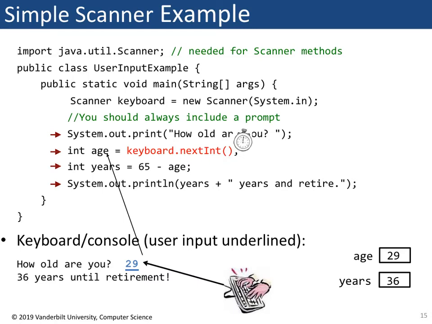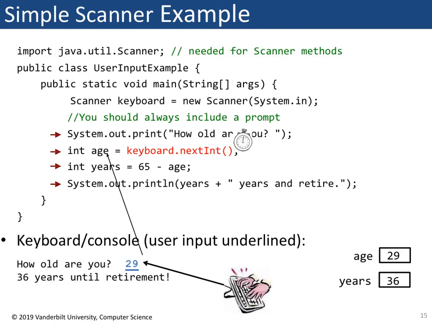So, to evaluate this expression, the program pointer is going to jump into that method and begin executing. So, the program pointer jumps into the nextInt method, and somewhere in there is a wait for enter key to be pressed. So this is going to sit here waiting for the user to type something and then press enter.